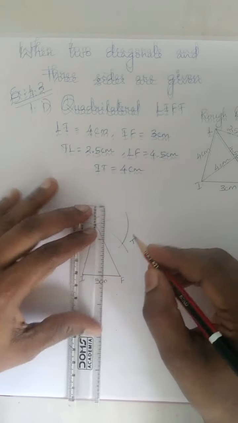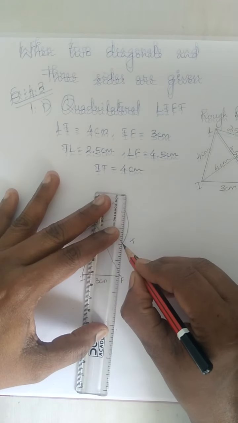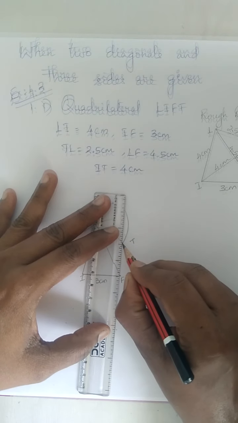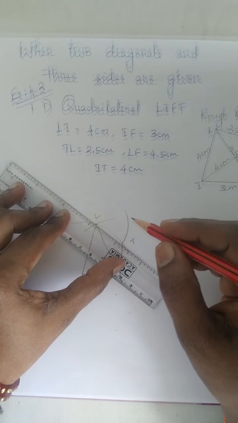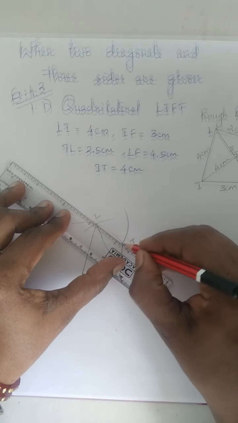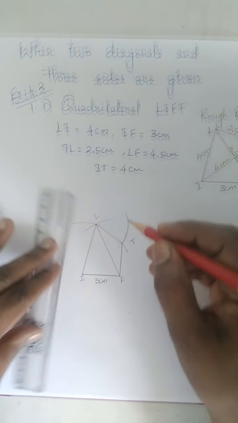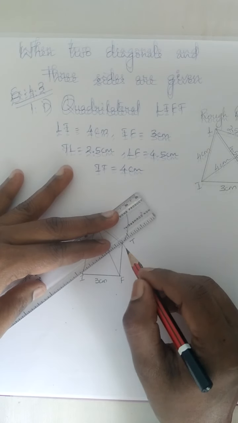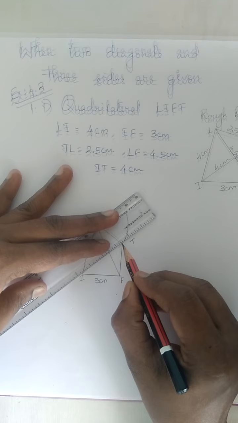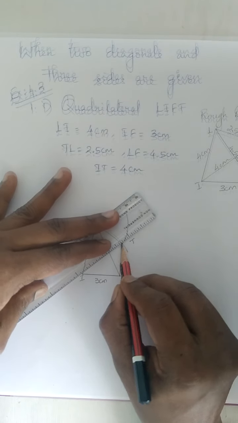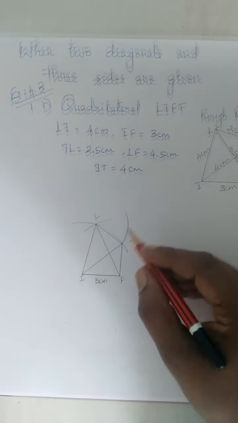So now let's join. Now this is vertex T. Now join TF, join T and F, then join L and T. Then the another diagonal also let's make, because the condition is two diagonals. From I only we made the arc.